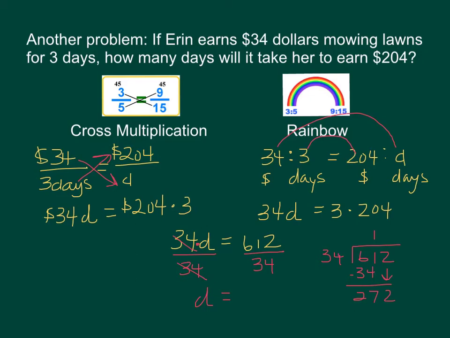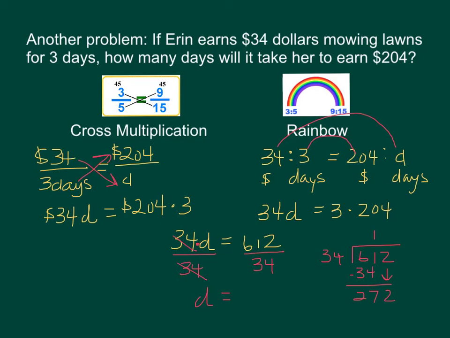Well, I know 34 is close to 35, and if I double that, that's about 70. So I'm going to think how many 7s could go into 27, and I know 7 times 4 is 28, so I'm going to guess then that since 34 is half of 70, and I said 7 should go into it about 4 times, this 34 will go into it about 8 times.